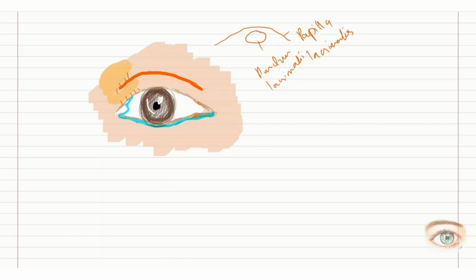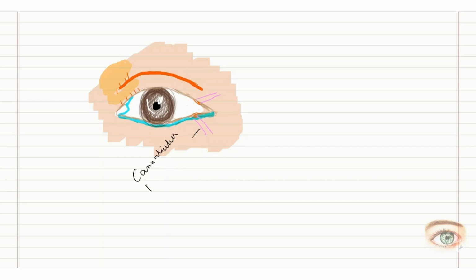Now, from the punctum, the tears will flow into the canaliculi, which are named canaliculus lacrimalis, or you can call them canaliculus. First, we have this vertical canaliculus, and then we have this horizontal canaliculus. This junction right over here is called the ampulla.